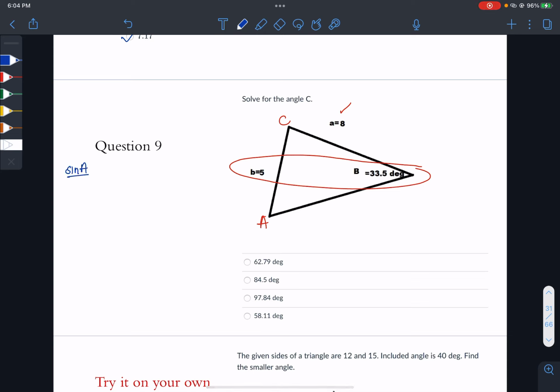So sine A over side A is equal to sine B over side B.